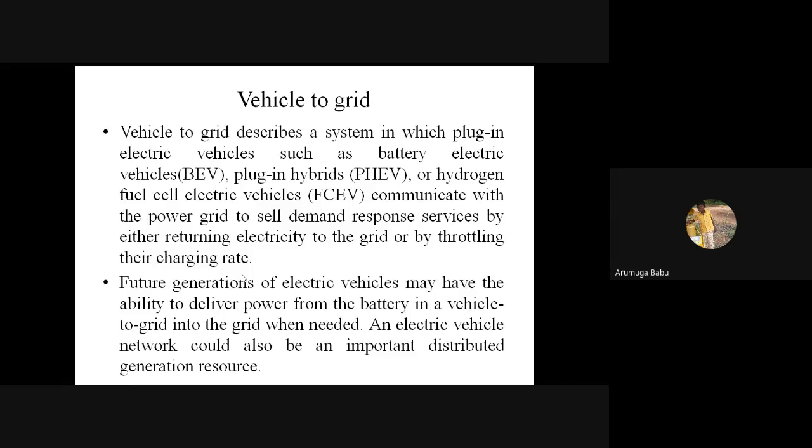It is not polluting the environment. When the vehicle is not running, the power generated from the vehicle can be supplied to the grid. So that is vehicle to grid technology. We also call it V2G technology.